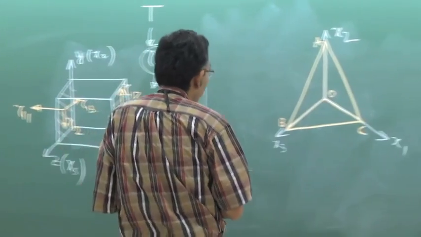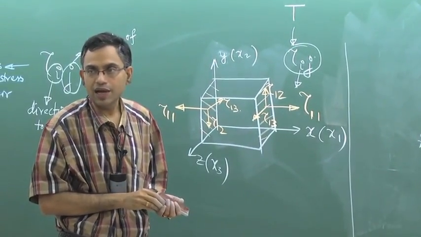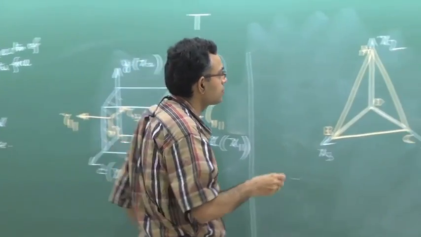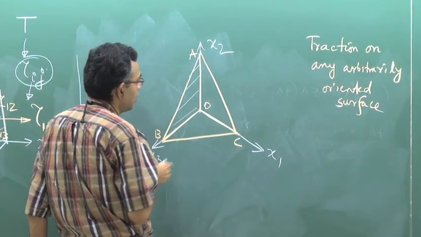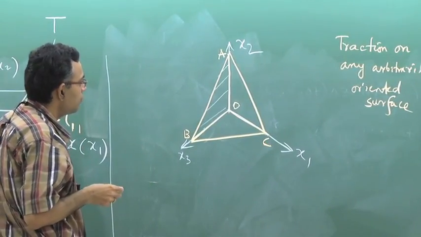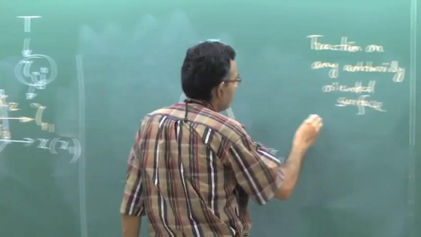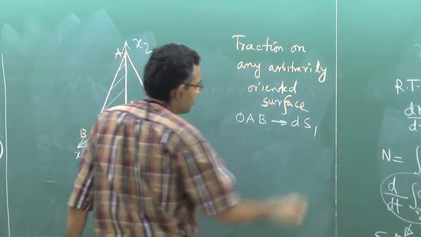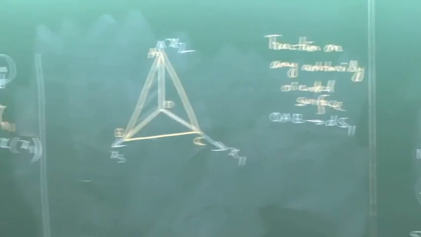So, let us try to represent the force along x. For this surface OAB, let us say that the area of OAB is ds1. What is the force on this? First of all, how do we represent it?